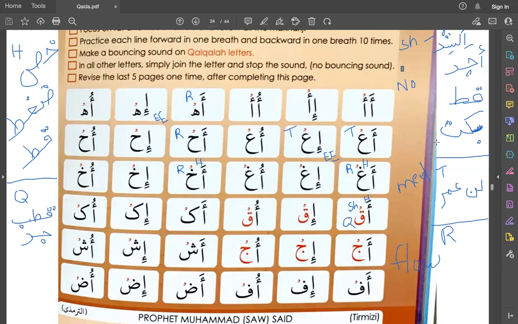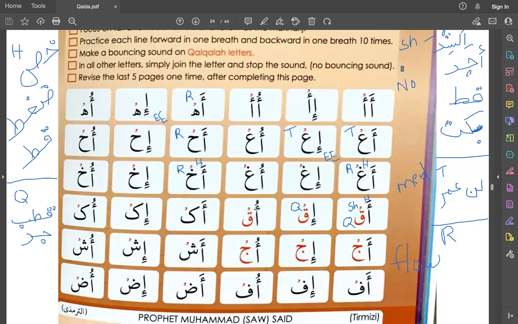You should know that you are applying shidda, but the final thing is Qalqalah. So you will write capital Q at the end when you say qaf. With kasra before the letter, it will be iqo.